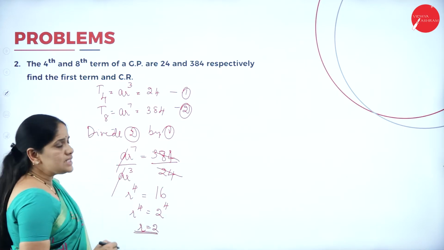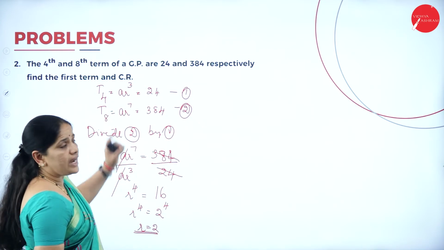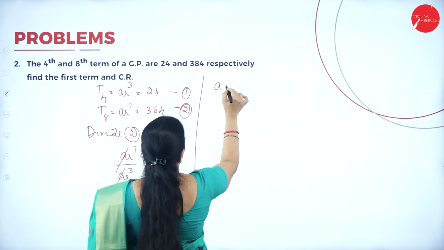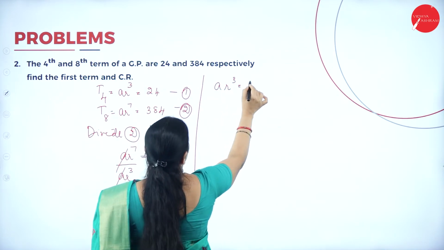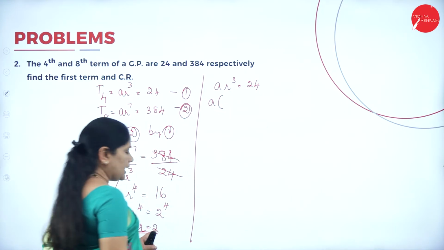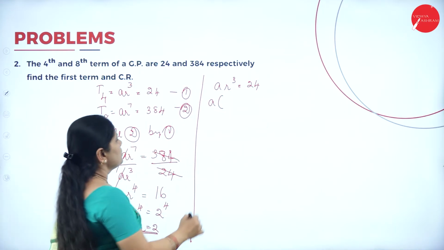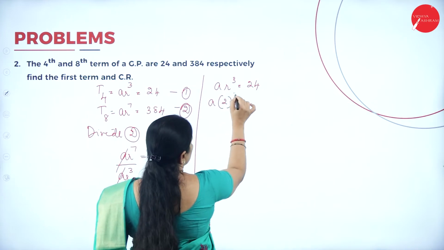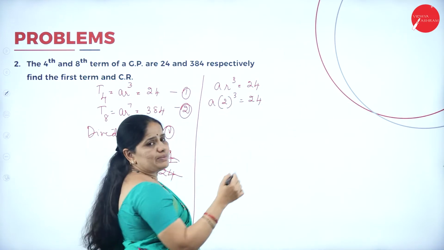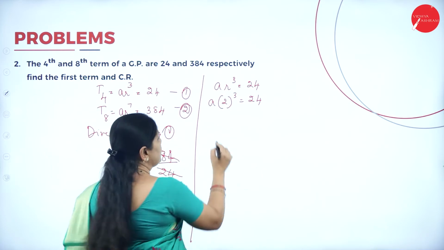So R equals 2. Now we have to find A here. So AR cube equals 24. Now I don't know A, but I know R. R equals 2. So A into 2 cube equals 24. 2 cube is 2 into 2, 4, 4 into 2, 8.